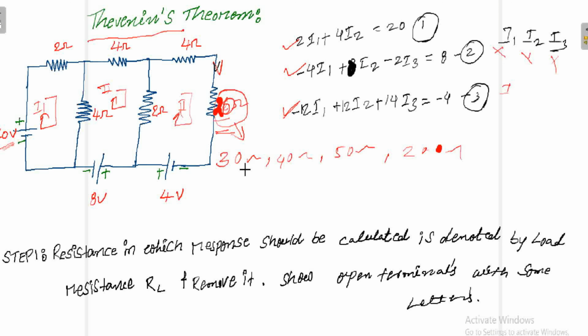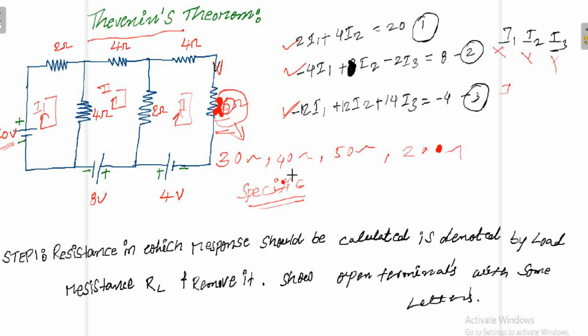So the normal procedure won't work, and even the superposition theorem won't work in this situation. This situation is called selected, like for a selected load, we are finding the response. So Thevenin's theorem is for a specific purpose. With the help of Thevenin's theorem, we can find a specific response across an element.